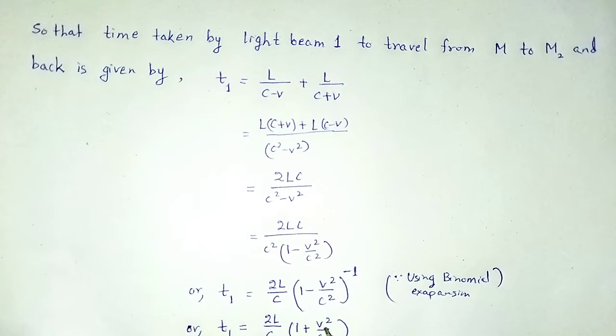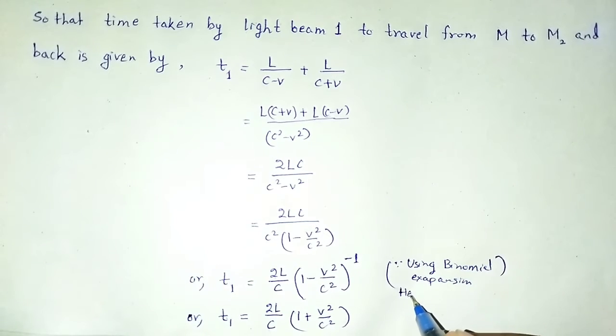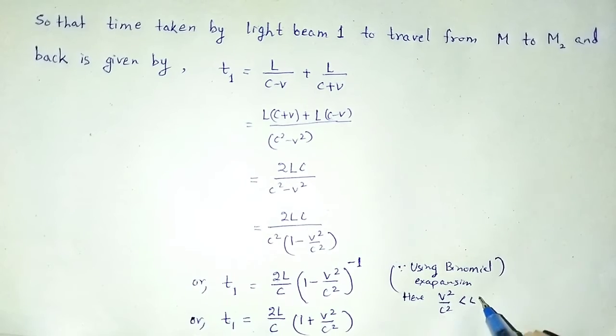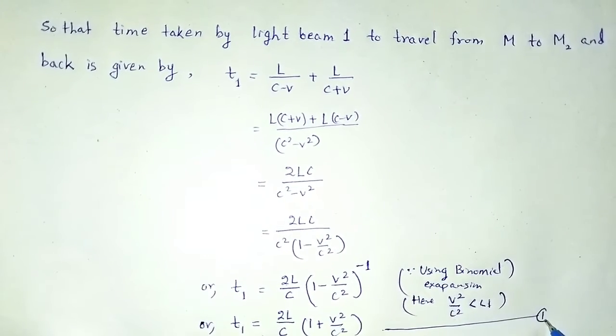And here v square by c square is very less than 1. Let this be equation number 1.